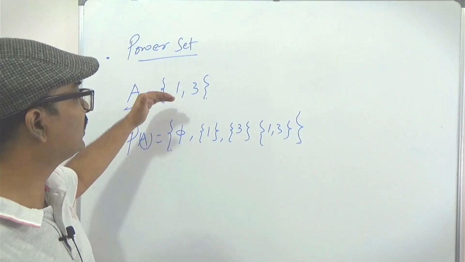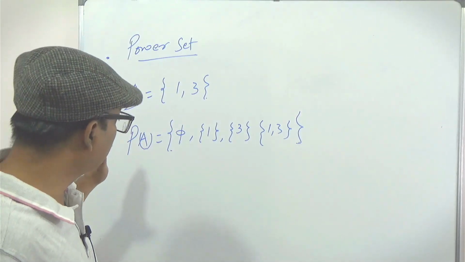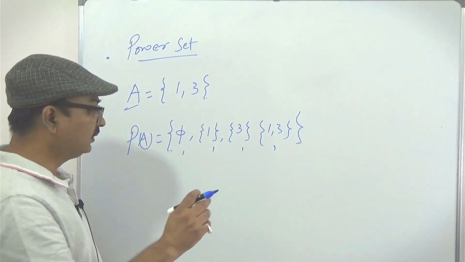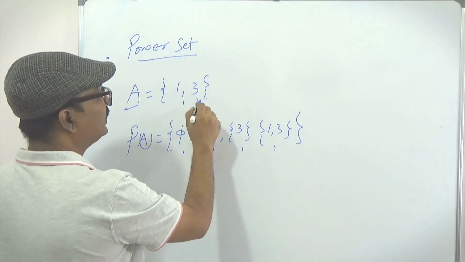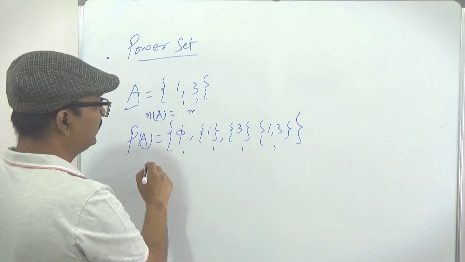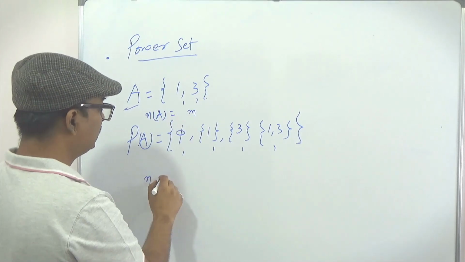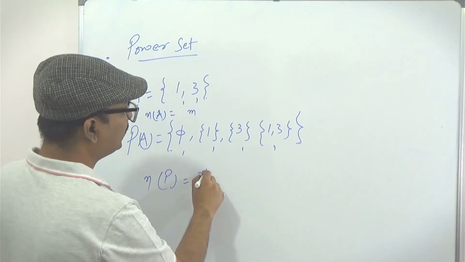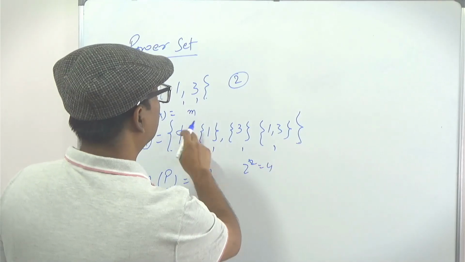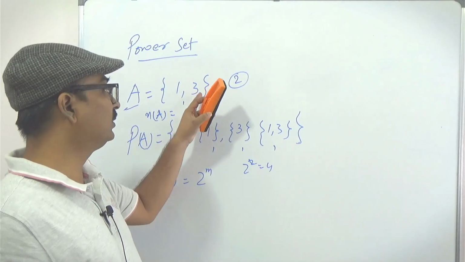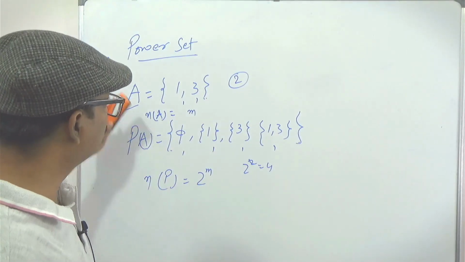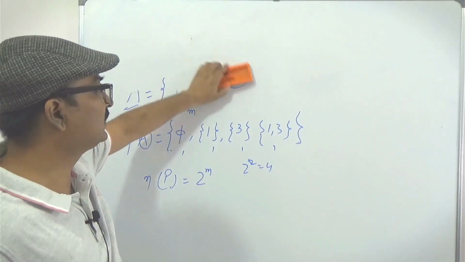It includes all the subsets of set A. So a set which contains all the subsets of A is called the power set of A. Another thing is, if the number of elements in set A is m, the number of elements in this power set will be equal to 2 to the power m. Like here we had 2 elements, so this is 2 to the power 2, that is 4. We have 4 elements here. If the number of elements in the set was 3, this would be 8, and so on. So this is something you should remember. So this is power set.